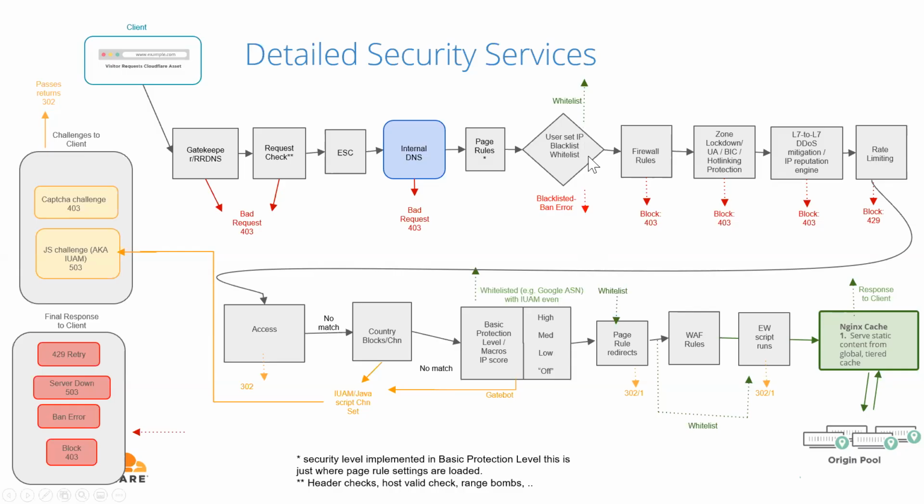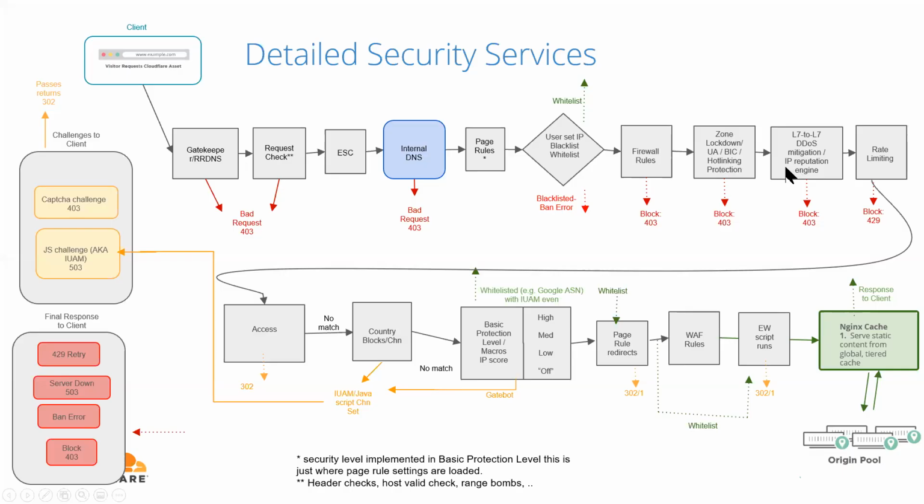It will automatically go through to origin. After this, firewall rules will take place. After firewall rules, there will be additional security features called zone lockdown, user agent checking, browser integrity check, or hot linking protection. If it passed this one, which means it doesn't hit any of the rules that you set to block, then it will go through.